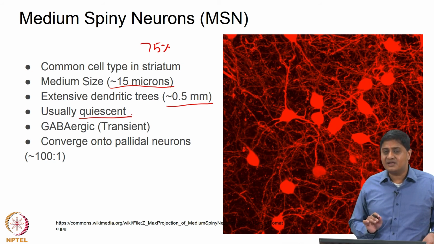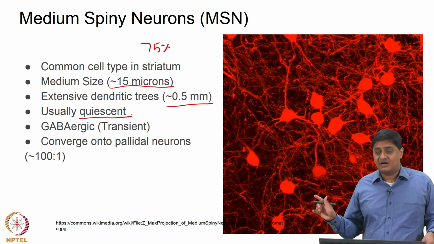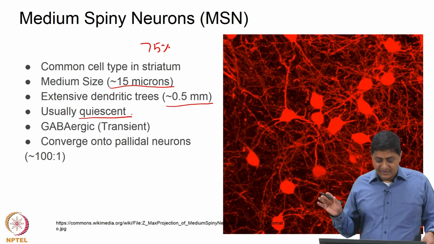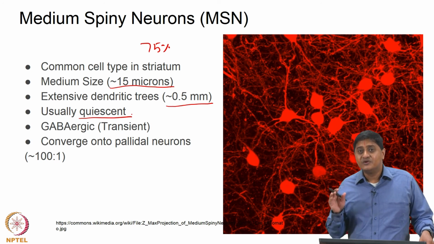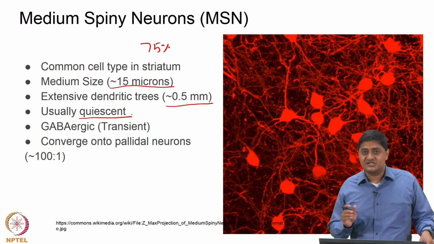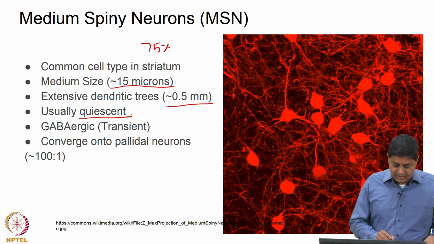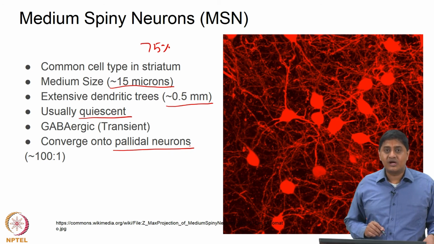This is important because the GABAergic neurons in the GPI, which is the output structure of the basal ganglia, are always active and tonically inhibiting the thalamocortical neurons, whereas the medium spiny neurons, in contrast, are usually quiet, but when they are active a great change happens. Importantly, they converge onto pallidal neurons in the ratio 100:1.